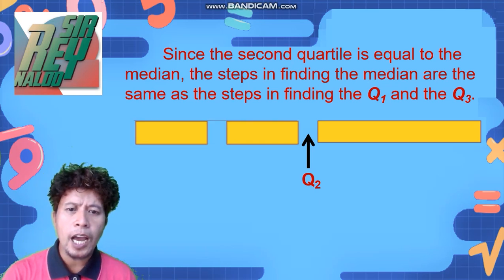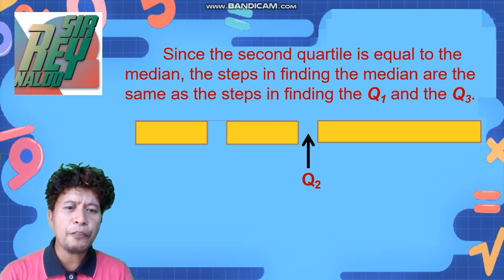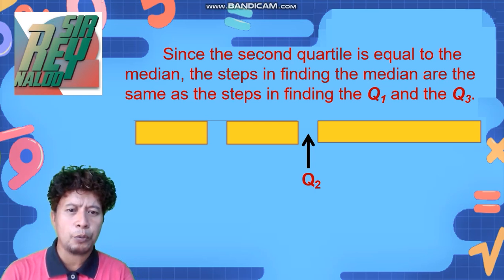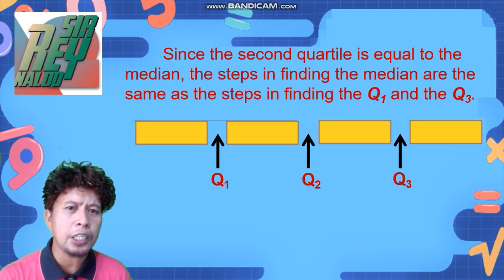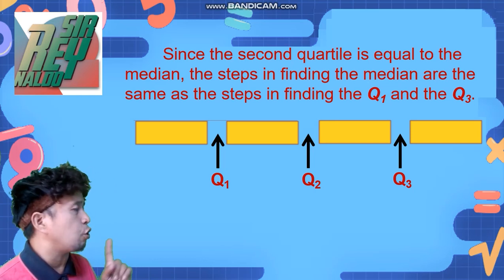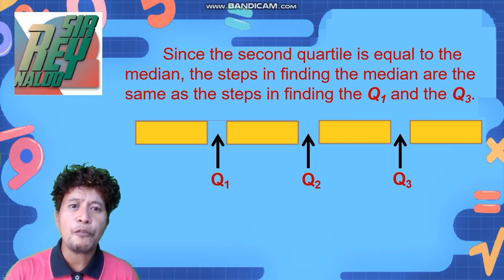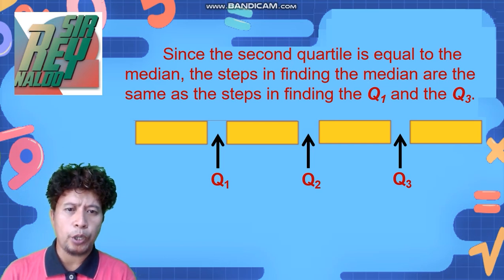And another half of the lower half, or another half of the median, will be the lower quartile, Q1. Then we have Q3, the upper quartile. So mapapansin ninyo, i-divide natin yan ngayon, yung isang buong element ng 4 equal score points.